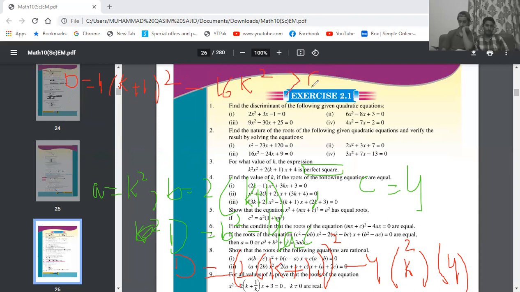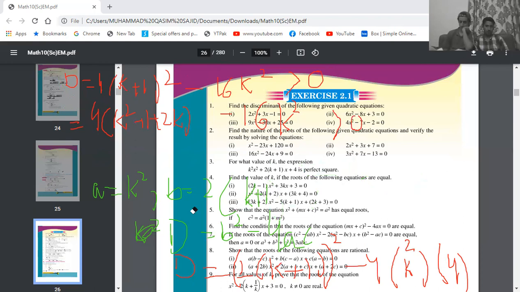So because the discriminant is a perfect square, it is 4 times k square plus 1 plus 2 times k, minus 16 k square, is greater than 0.